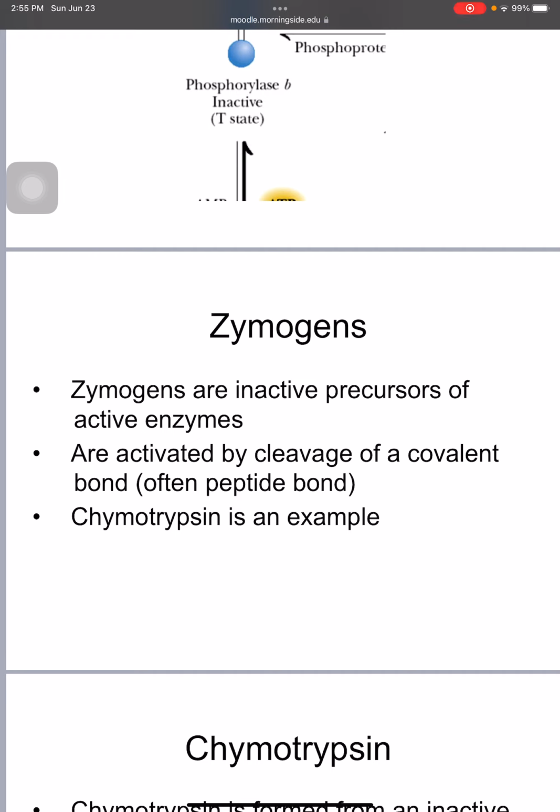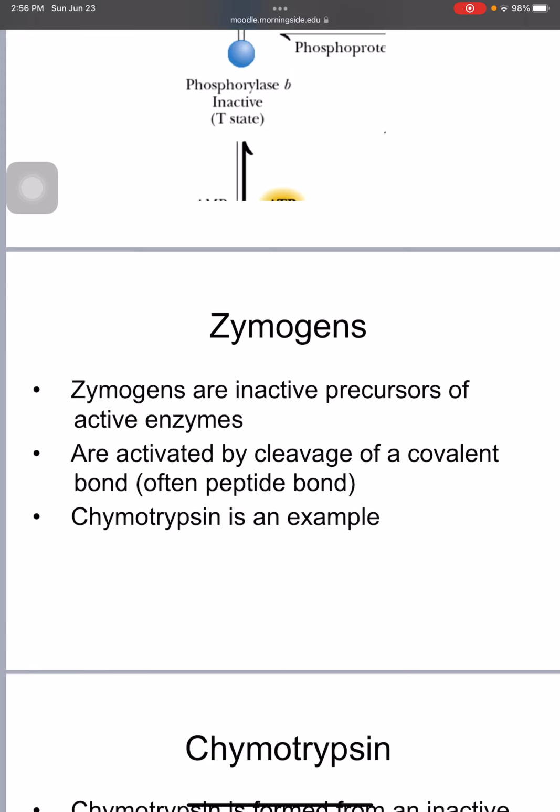Chymotrypsin is used to cleave peptide bonds in proteins. It's used to help digest proteins. Specifically, it likes to cleave peptide bonds that have amino acids with aromatic side chains, such as phenylalanine or tyrosine or tryptophan, right?